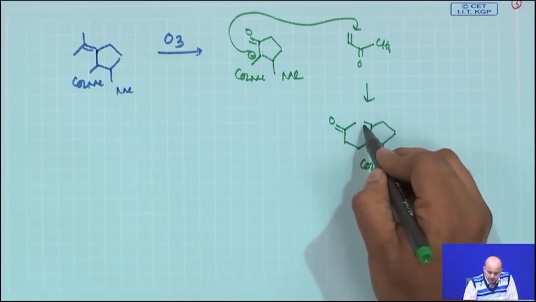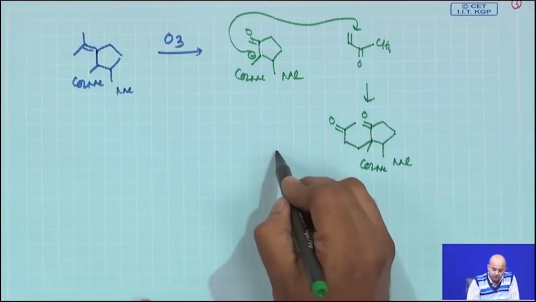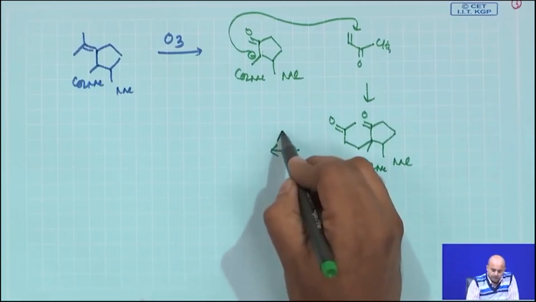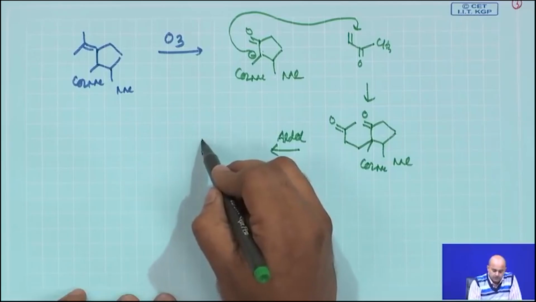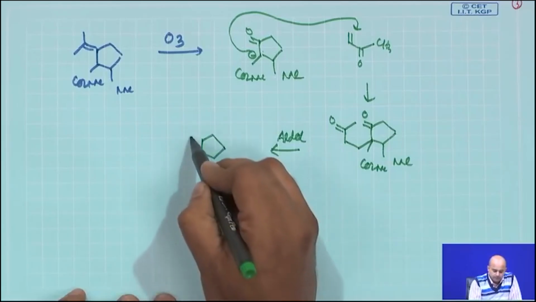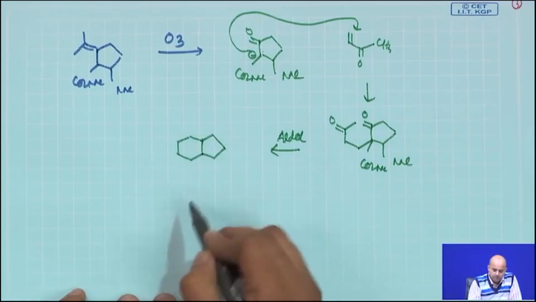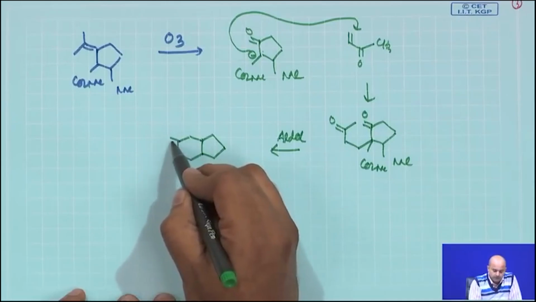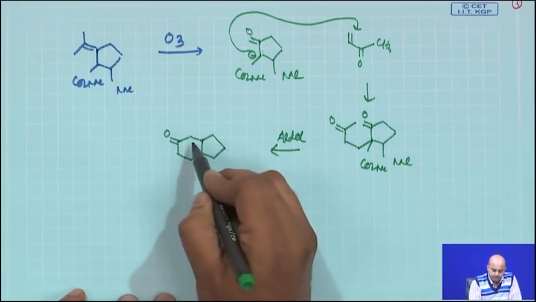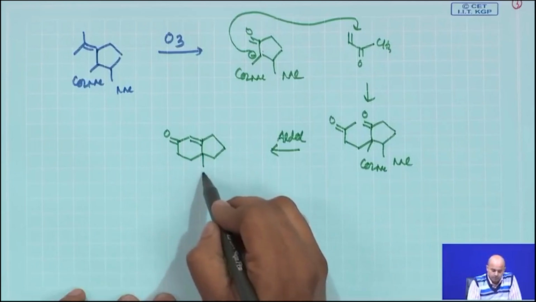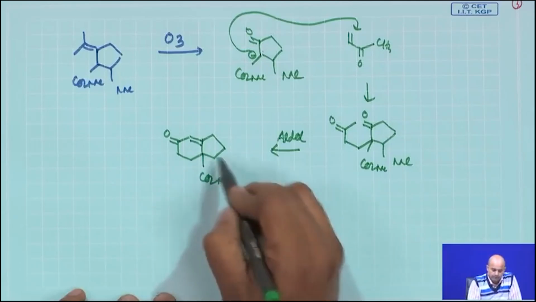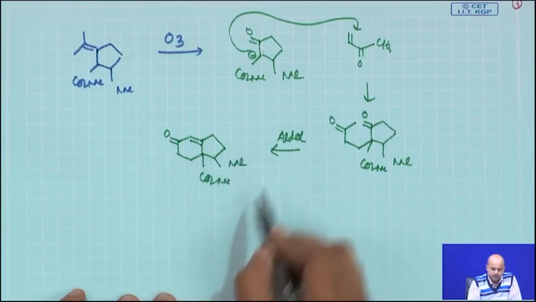Your carbonyl group remains here. So, now you do the aldol. The Michael aldol combination is your Robinson annulation. So, it will be basically here, your CO2Me is angular, your methyl is angular.